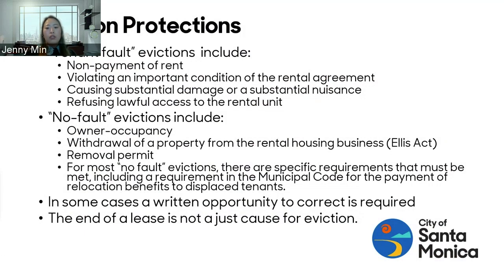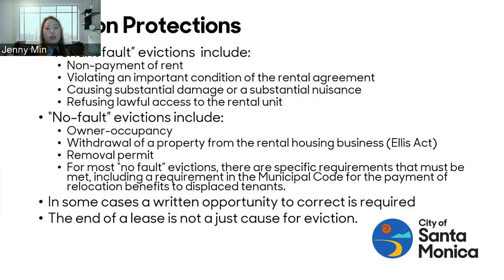So there are some restrictions to rent when applying for future tenancy if the eviction is for no-fault reasons. And as I mentioned before, in some cases, a written warning must be given prior to serving a 3-day notice to cure or quit.